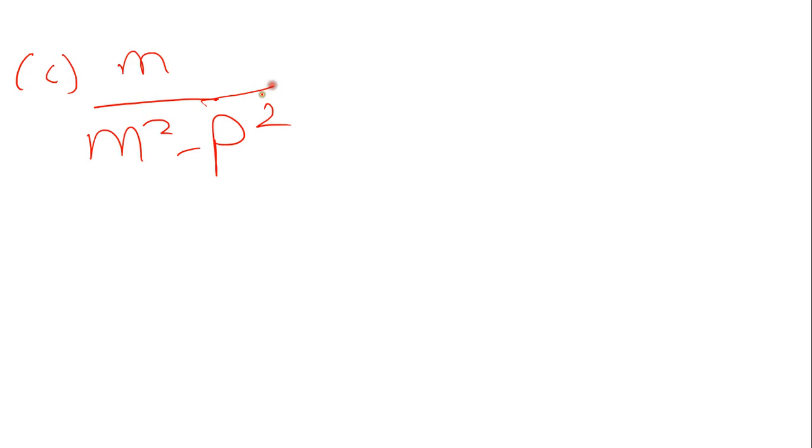So let's try part C. m over m squared minus p squared plus p over m squared minus p squared.